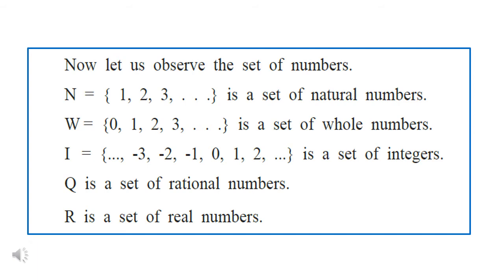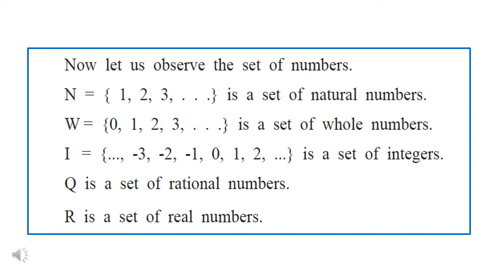Next, capital I stands for integers. Okay, so here integers include positive integers, negative integers, as well as 0. So we know that negative integers also go on extending on the left side and positive integers go on extending on the right side of the number line.